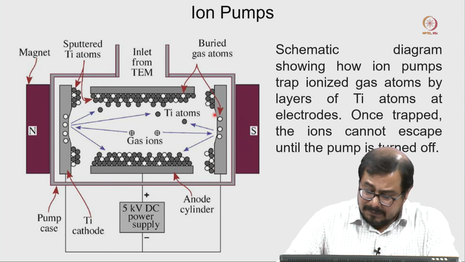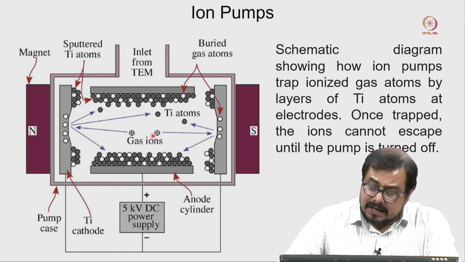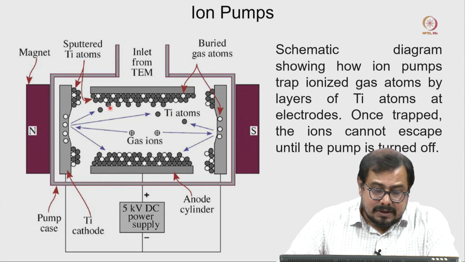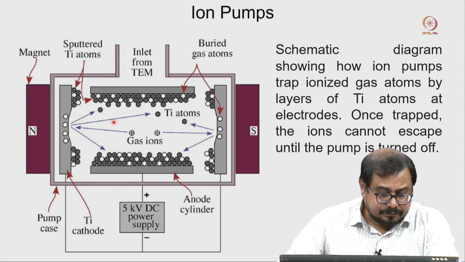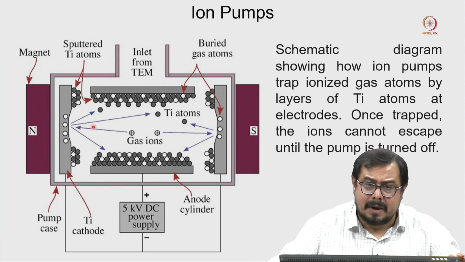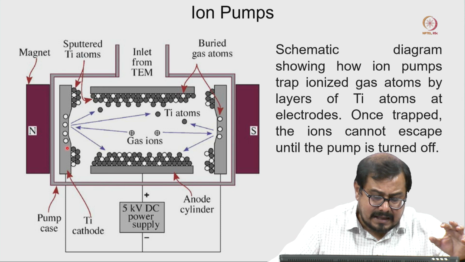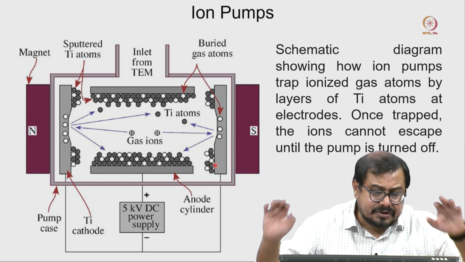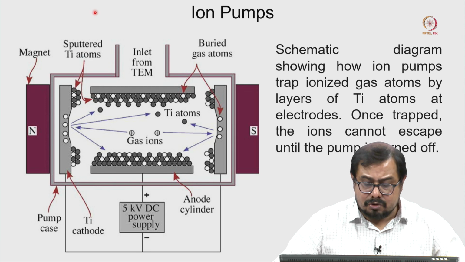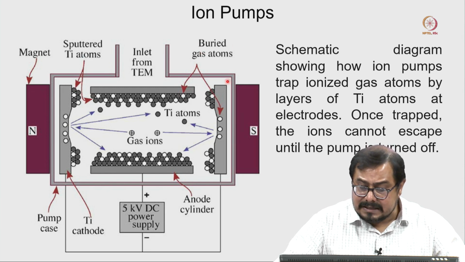Here you can see those gas molecules are ionized, titanium is interacting with them, and they are trapped on the wall. In this wall it is not only the titanium ion interacting with that gas, the other molecules are also trapped there. So, all of this is trapped. The buried gas molecule atoms are shown here.